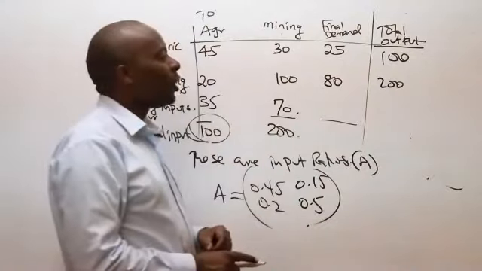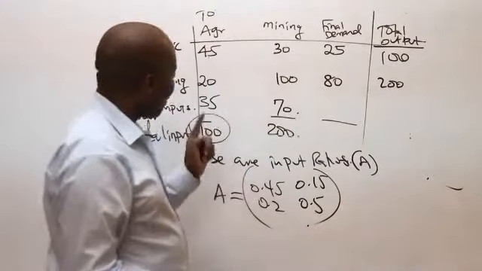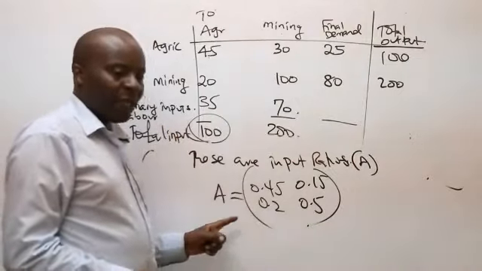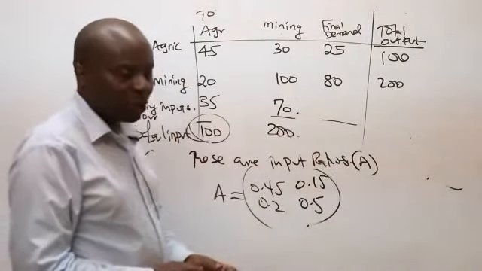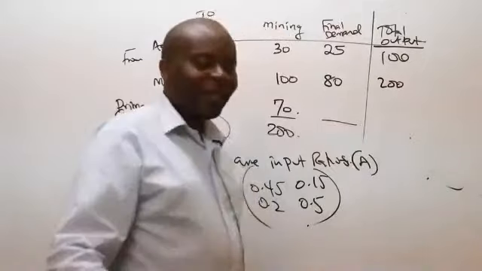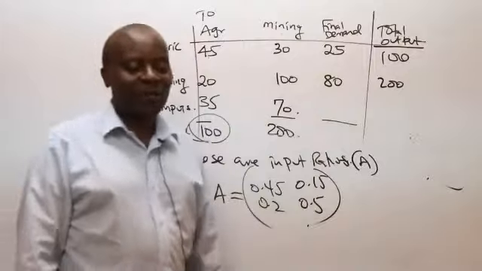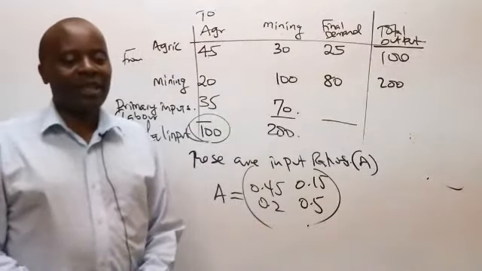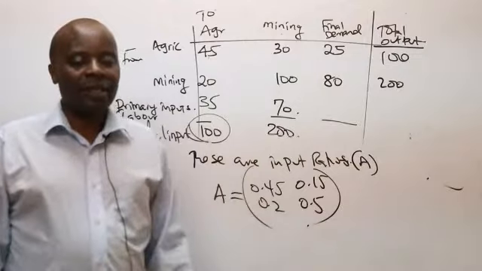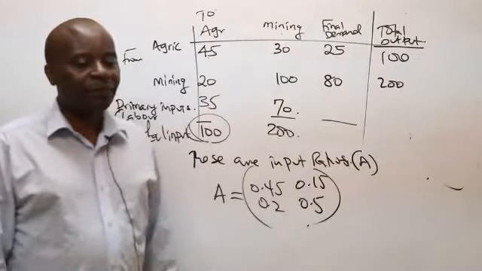We don't incorporate final demand, and we don't incorporate primary inputs, into matrix A. Any question up to there? Any question from your side?